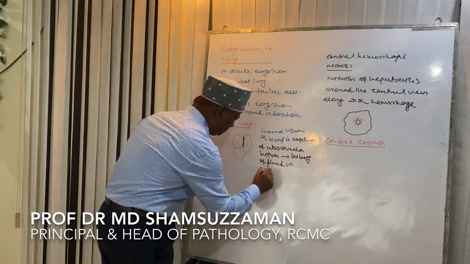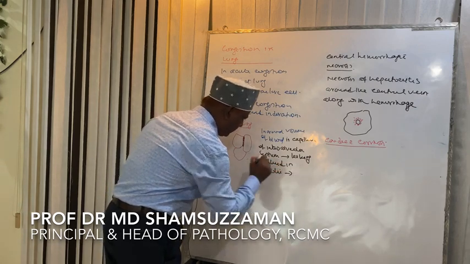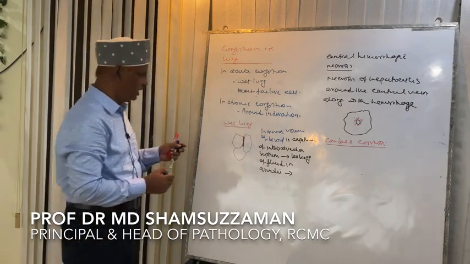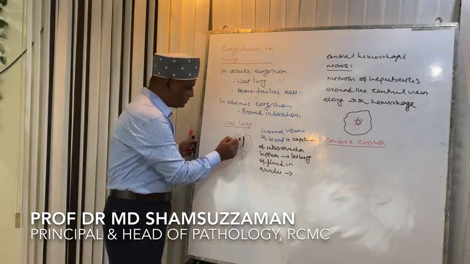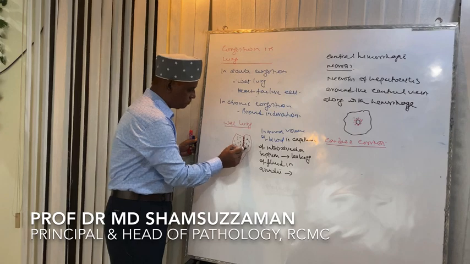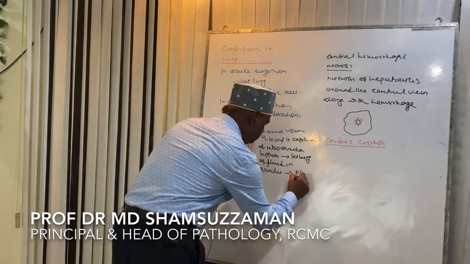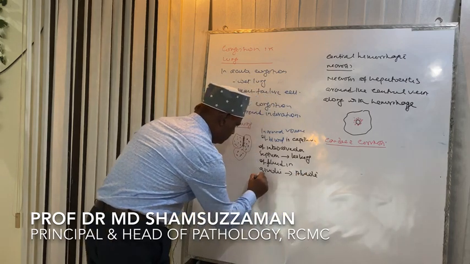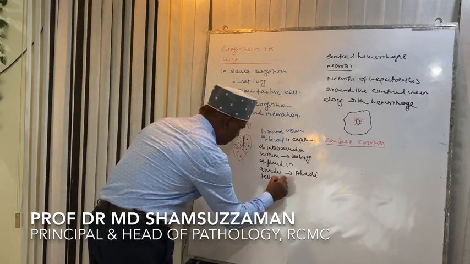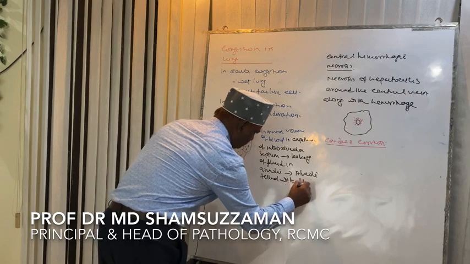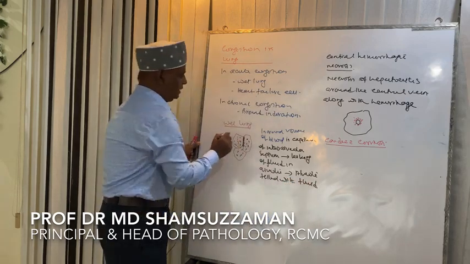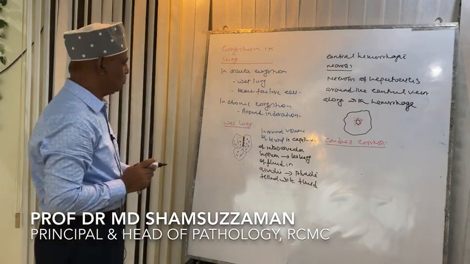in alveoli. As there is leaking of fluid in alveoli, the alveoli are filled with fluid, and this is known as wet lung.